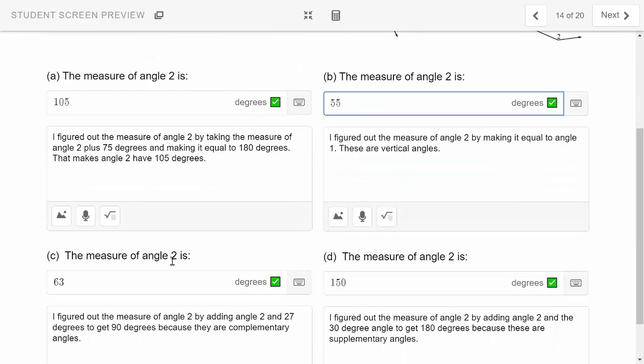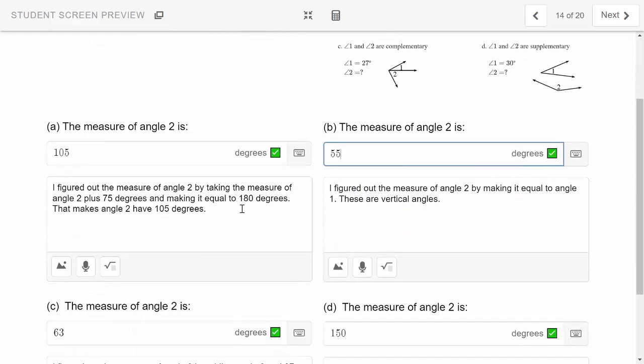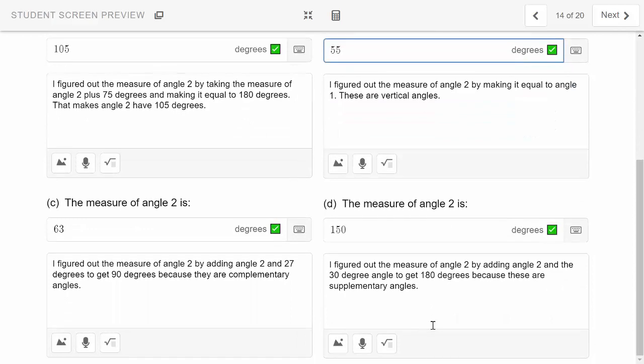Problem C, angle 2 would be 63 degrees because they're complementary and add up to 90. Angle 1 is 27, angle 2 would be 63 degrees to make 90. Wow, I'm messing that up. Problem D, these are supplementary, so they add up to 180. 30 plus 150 would be 180.